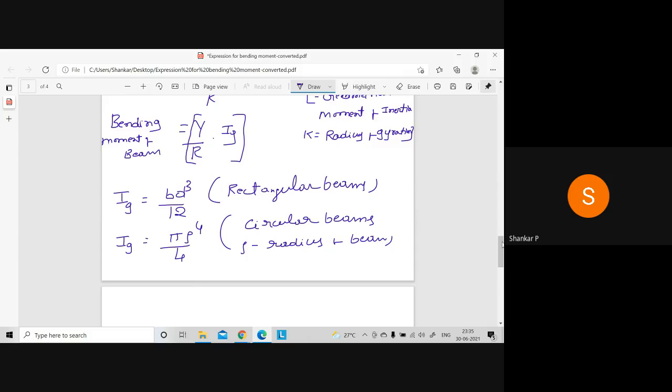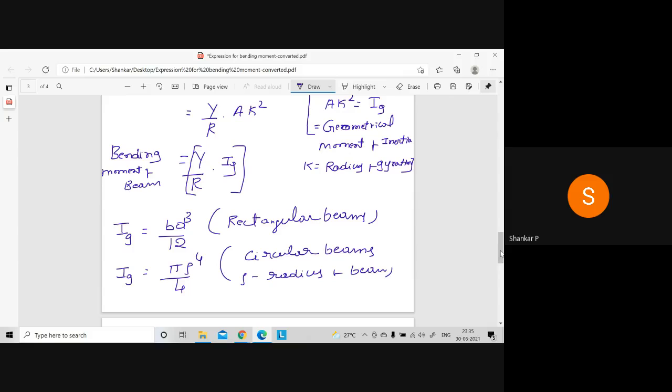So this is the expression for the bending moment of beams, Y by R into Ig.